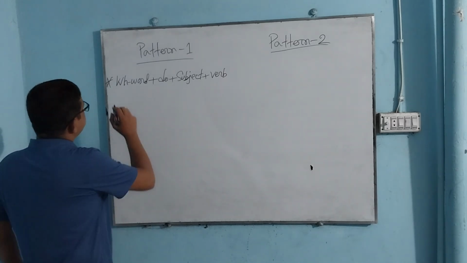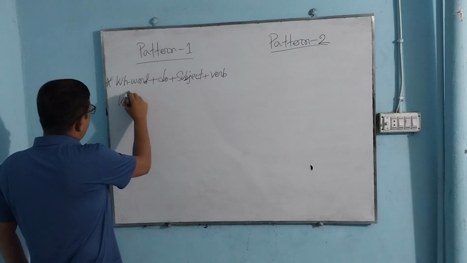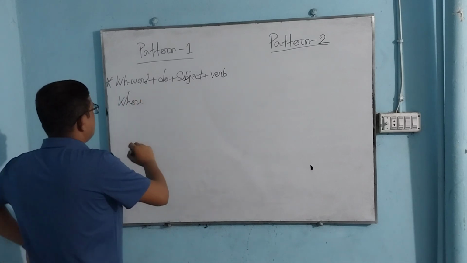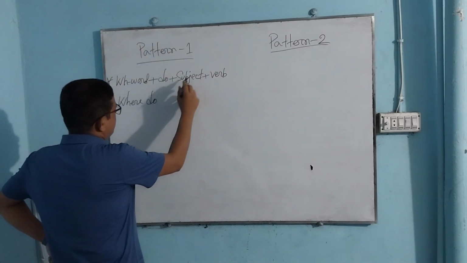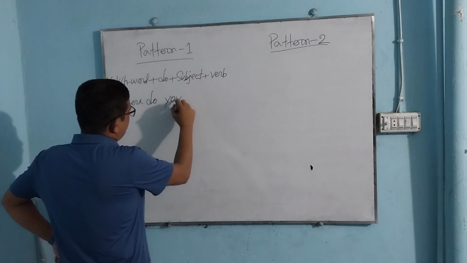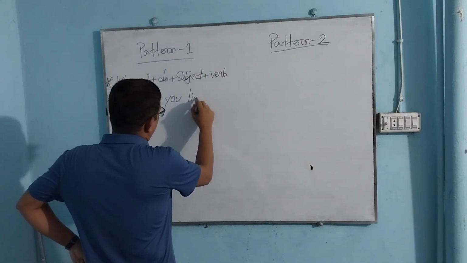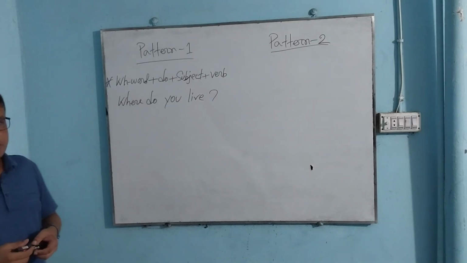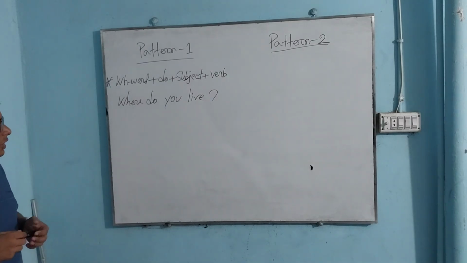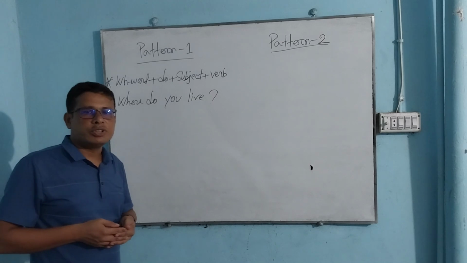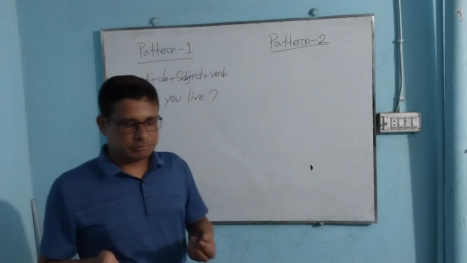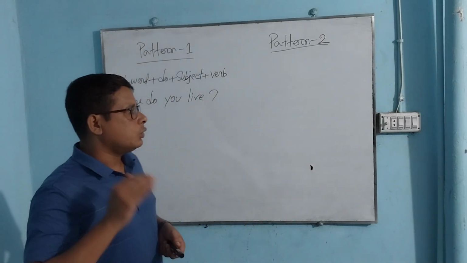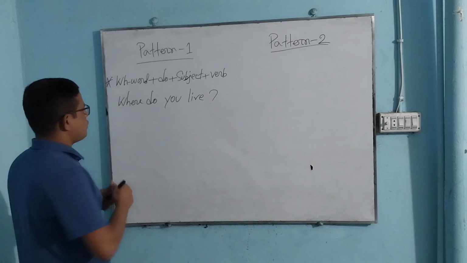Let's see an example. Where do you live? Where is the WH word, do, subject you, verb live. Where do you live? This is the pattern of WH word. If we want to make a question using WH word, we have to follow these rules.